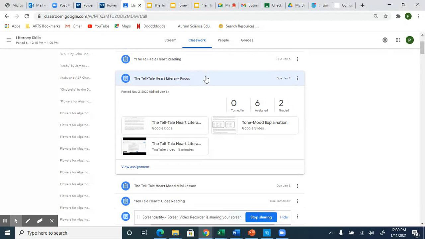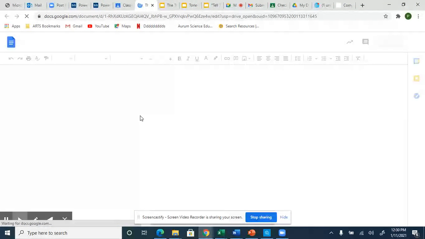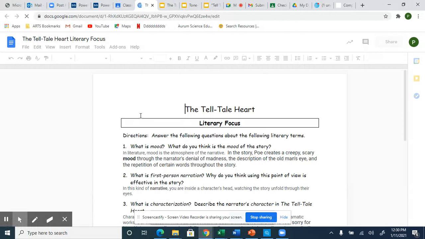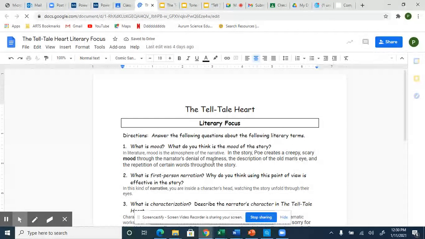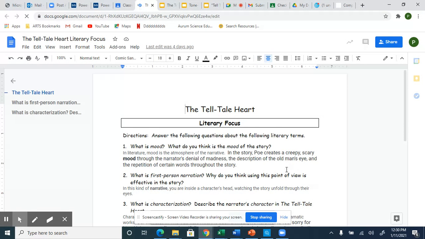We talked about mood. What is the mood? And we discussed the narrator's denial of madness. What word did he use to describe the old man's eye? And what repetition of words all set the mood?